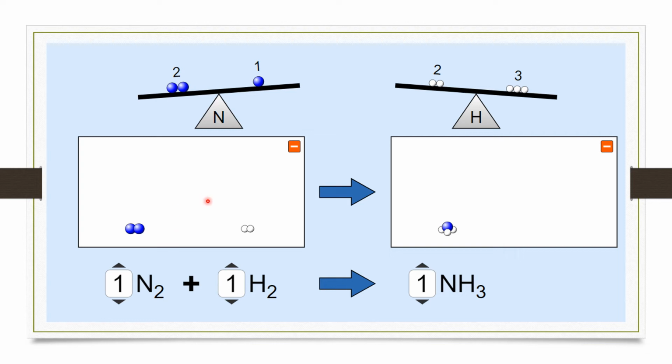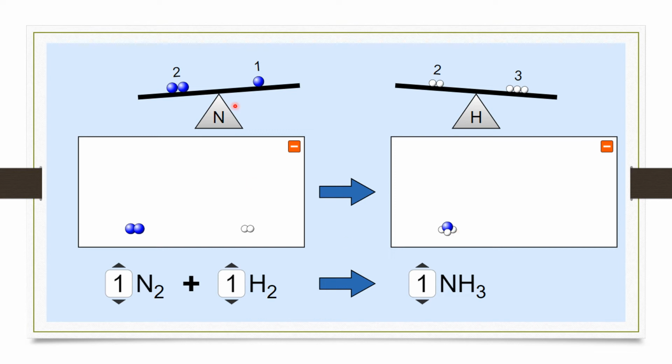There is also one molecule of hydrogen represented by 2 white spheres joined together. On the product side, there is one molecule of ammonia, which consists of one atom of nitrogen bonded to 3 atoms of hydrogen.